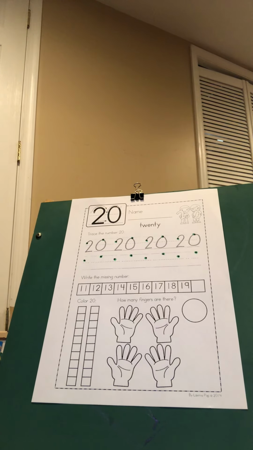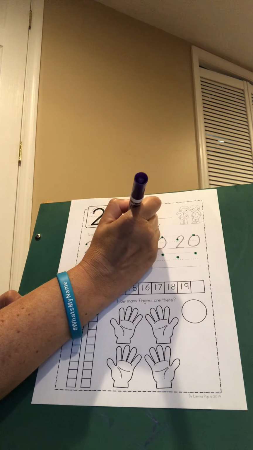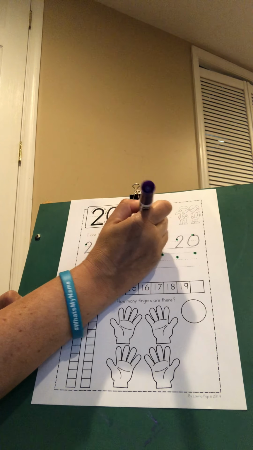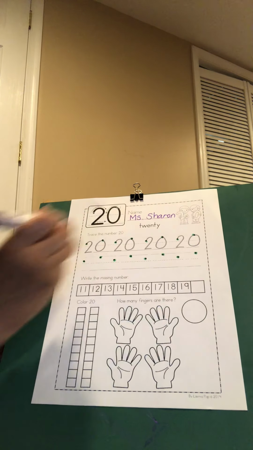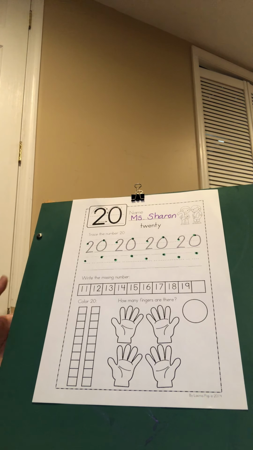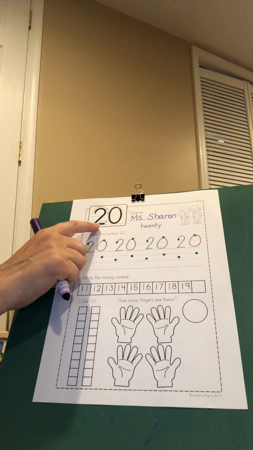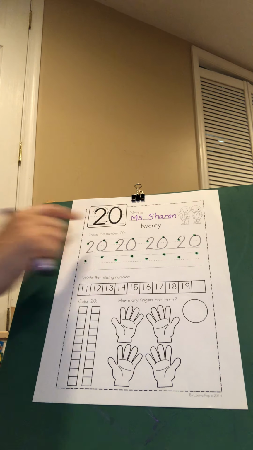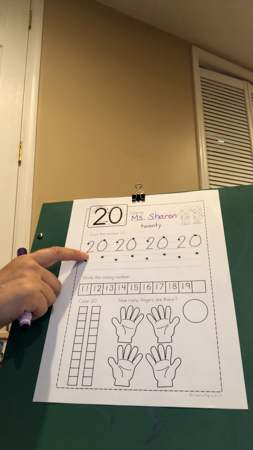Okay, so always remember that we start with our name at the top so that your teacher knows which one is your paper and who the paper belongs to. Okay, my friends, so we already just stated that a 2 and a 0 makes 20. So you want to make sure that the 2 comes first.